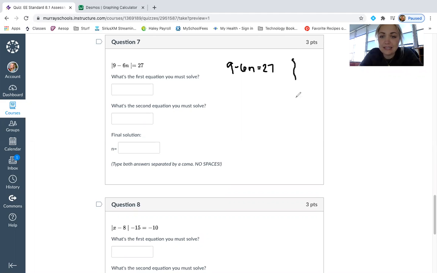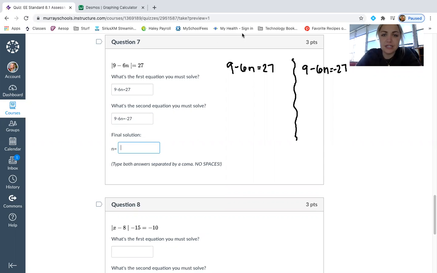My second equation, I'm going to write it over here, 9 minus 6n equals negative 27. So I'm actually going to type those in. 9 minus 6n equals 27, and 9 minus 6n equals negative 27. So always type in the positive, then the negative. I can fix it if you have them backwards, but the computer will mark it wrong because I keyed this one as the positive and this one as the negative.